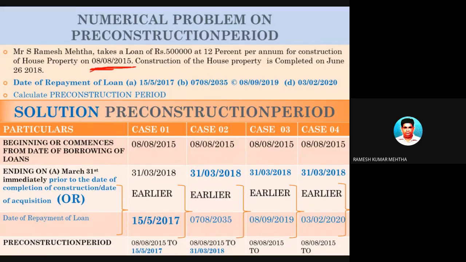As I already told, the starting point of the pre-construction period commences from the date of loan taken. And in all the cases 1, 2, 3, 4, 5, the date of loan taken is 8/8/2015. So the pre-construction period starts from 8/8/2015.